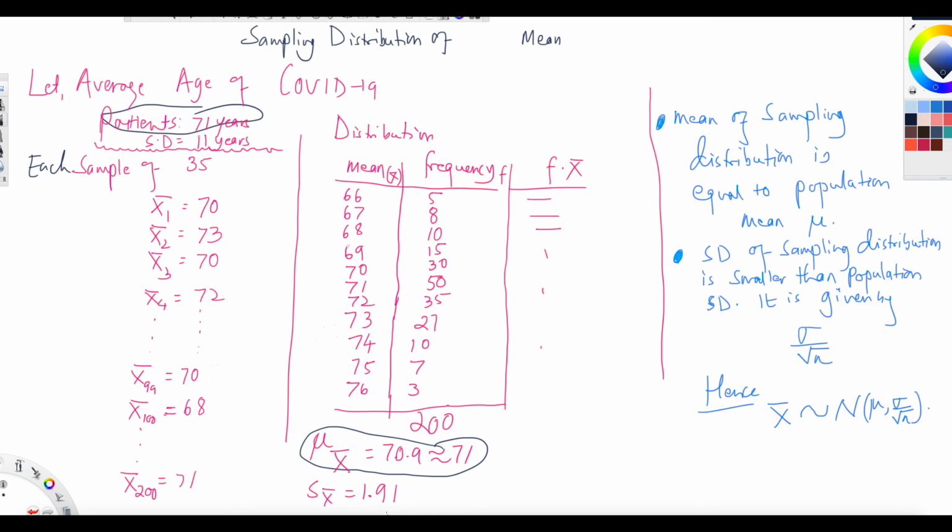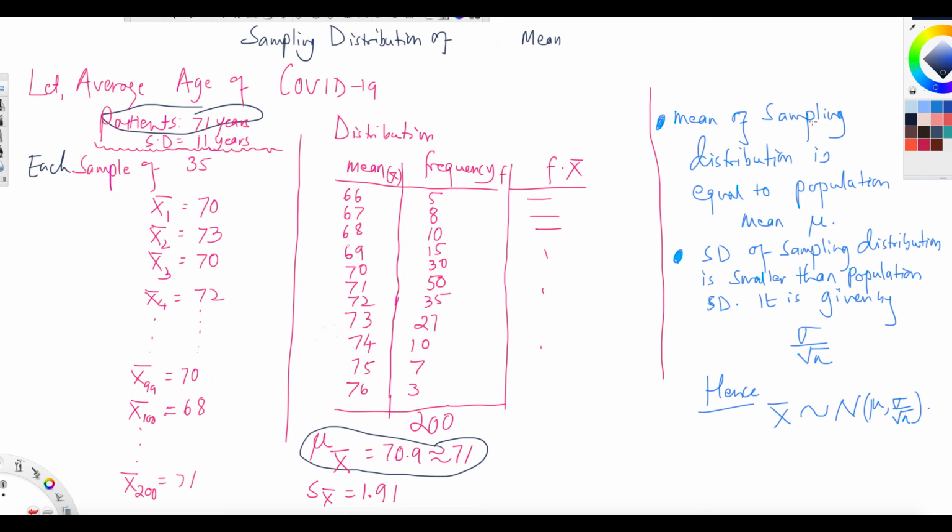But the standard deviation of the sample means is smaller than the standard deviation of the population. The whole population has a bigger standard deviation than the sample means. Let us note that down.